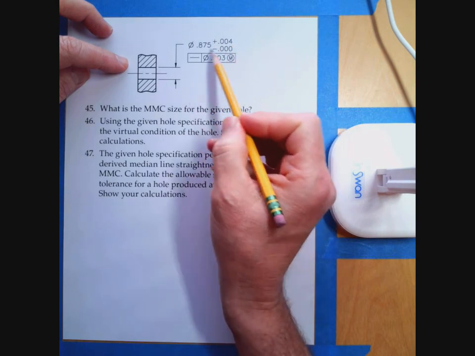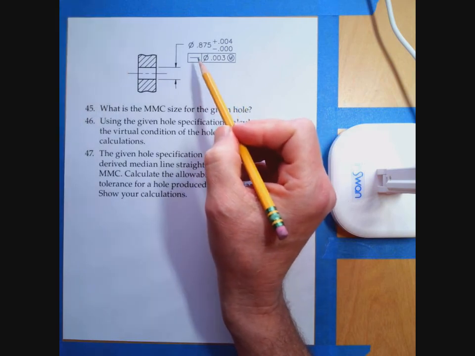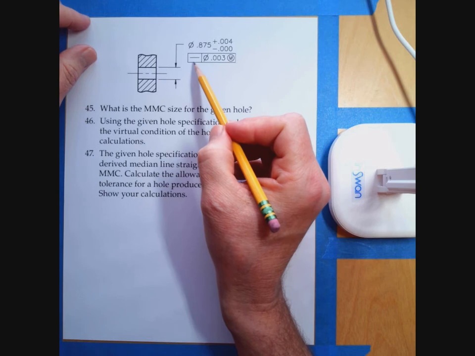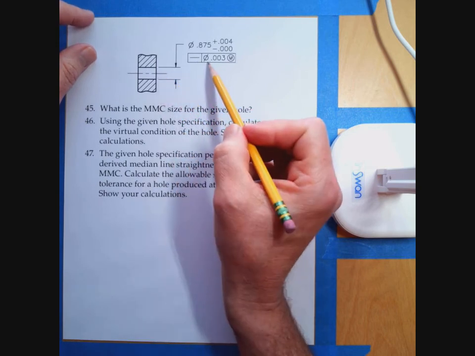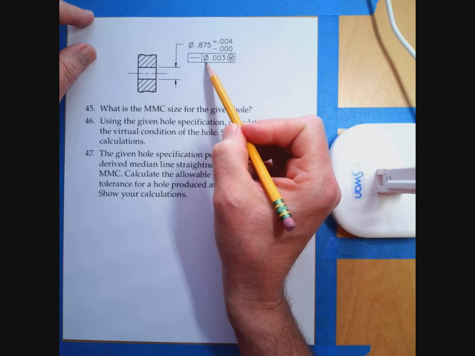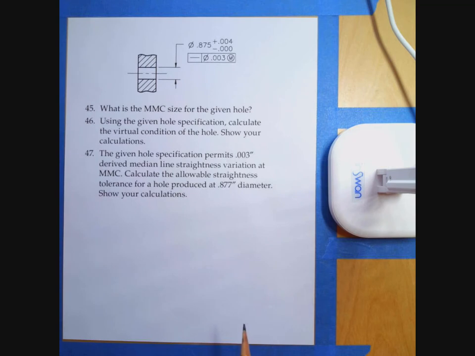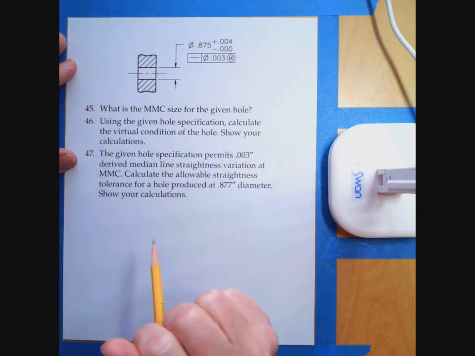And we have a derived median line straightness applied to this hole of a diameter of 0.003 inch at maximum material condition. Okay, so let's answer each one of these.